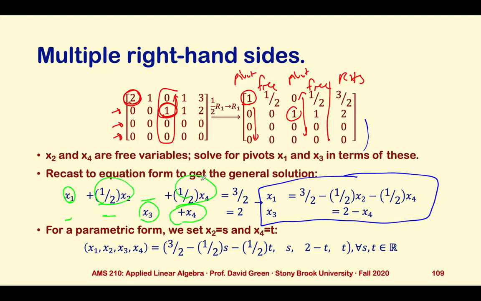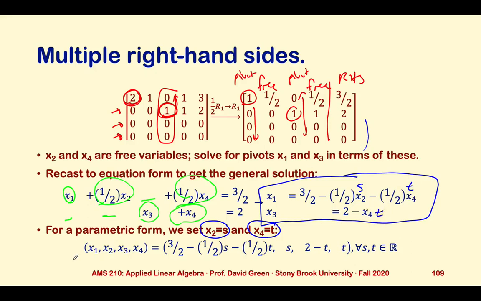To do this, we simply substitute new symbols for both x2 and x4. Here I'm using s for x2 and t for x4. And so the x2 here becomes an s, the x4s become t's.